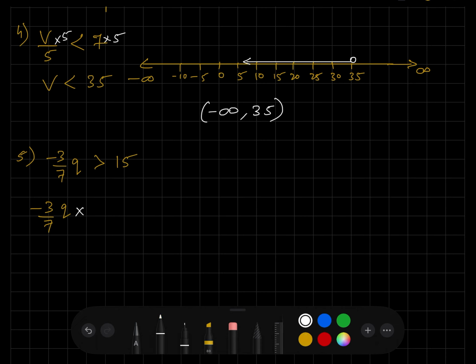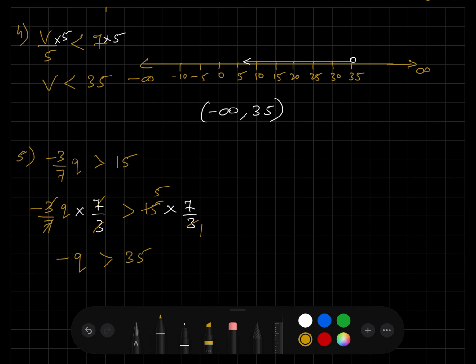I can multiply by 7/3 on both sides, up and down. So my 3's are cancelled, 7's cancelled, and I'm left with negative q is greater than 3 times 5... 7 5's, 35.